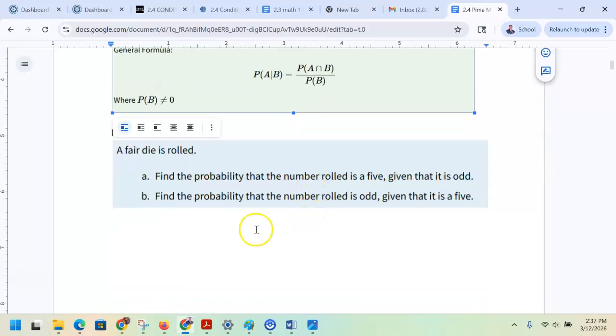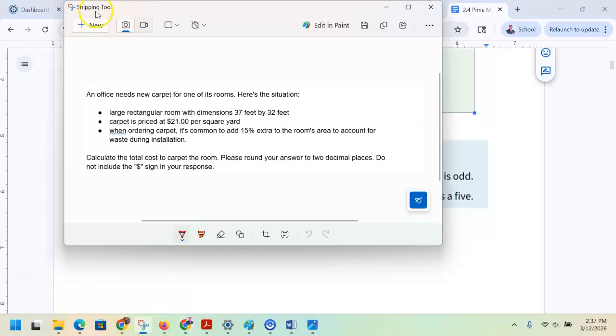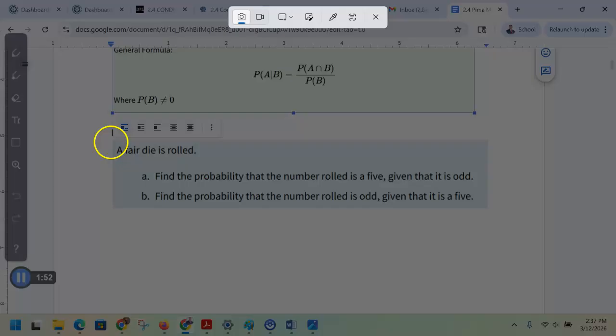Now let's take one example and really understand this.